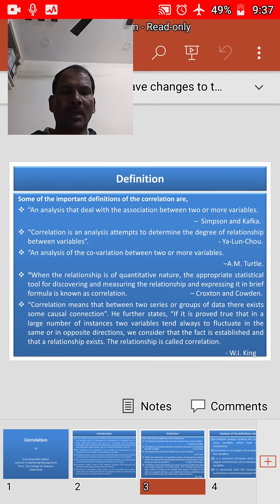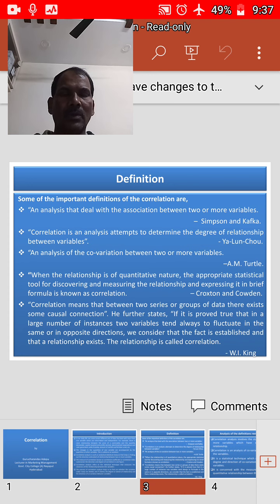The definition which is more comprehensive than these which we have discussed is given by Croxton and Cowden. When the relationship is quantitative in nature, the appropriate statistical tool for discovering and measuring the relationship and expressing it in brief formula is known as correlation.